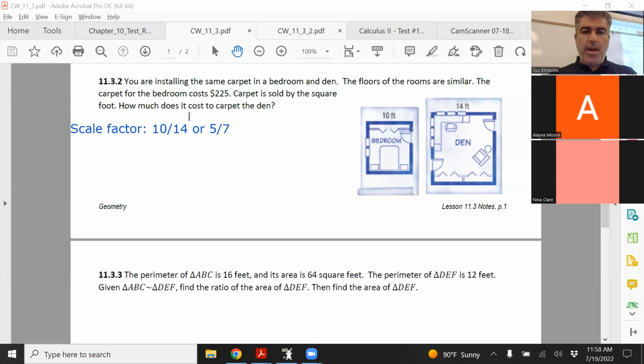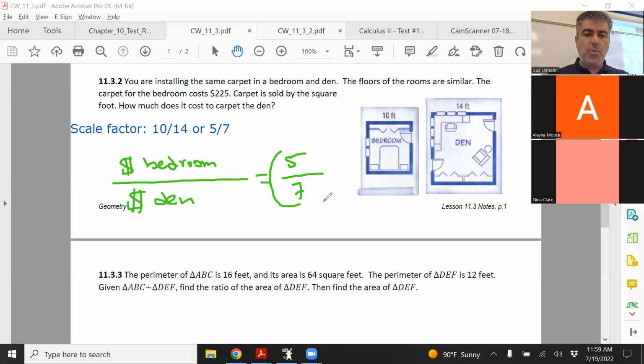The carpet for the bedroom costs $225. The carpet is sold by square feet. So what you're going to do is this: the cost of the bedroom over the cost for the den is not going to equal 5 to 7.